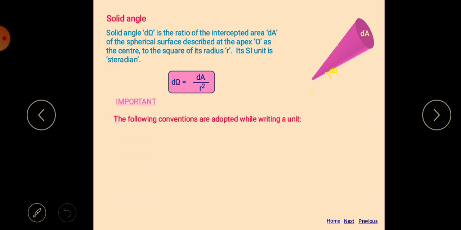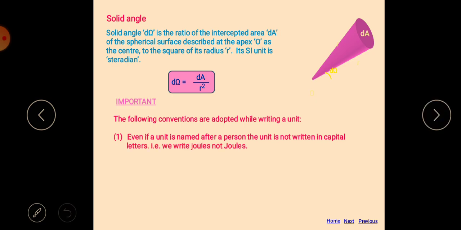Now there are some important points about writing of units. Very first, even if a unit is named after a person, the unit is not written in capital letters. That is, we write joule, not capital J-O-U-L-E. If it starts with a capital J, it signifies a name, but if it is a unit, it should start with a small letter.